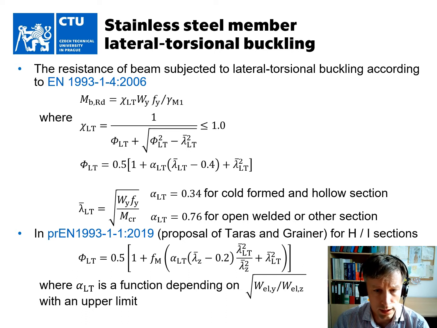This proposal is now part of the pre-norm Eurocode 3 1-1. It's a slightly modified lateral torsional buckling curve, where also the imperfection factor is a function depending on the ratio between the weak and strong axis section modulus.